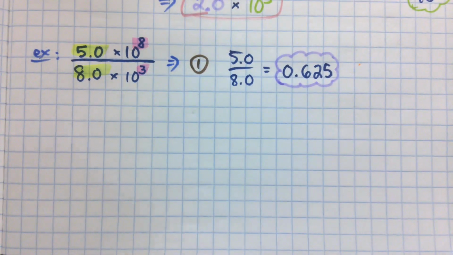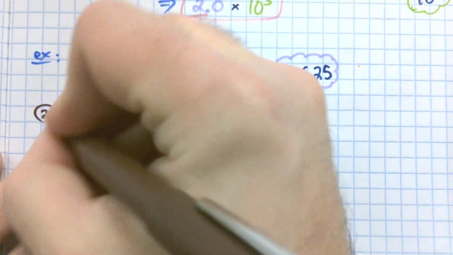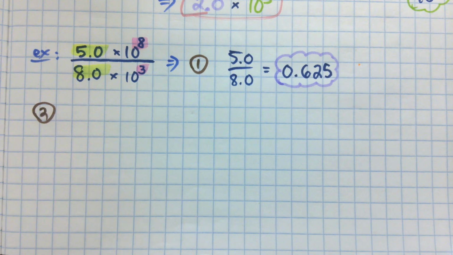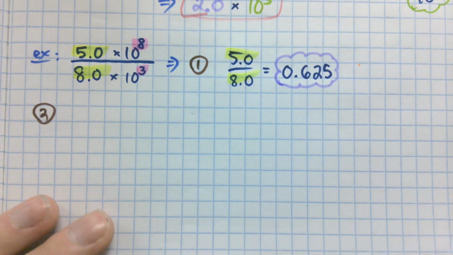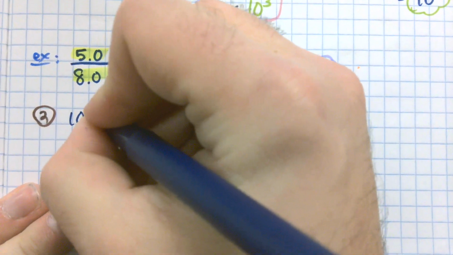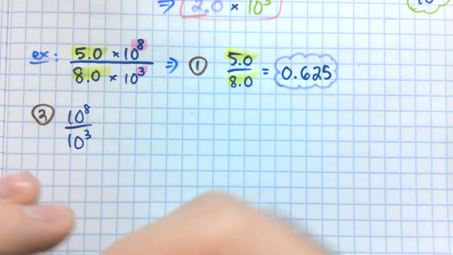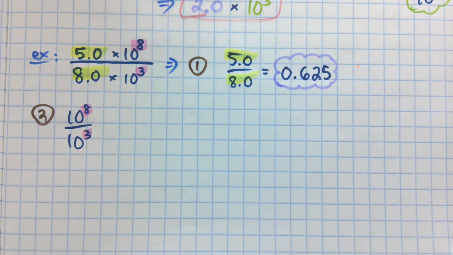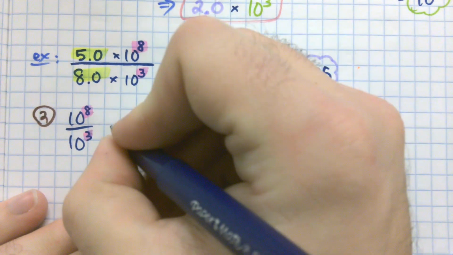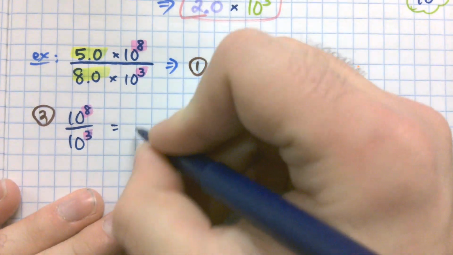I'm going to bring my step 2 down here so I don't run out of room again. I'm going to highlight my 5 and my 8. Now we're going to take 10 to the 8th over 10 to the 3rd, and do what with our exponents?